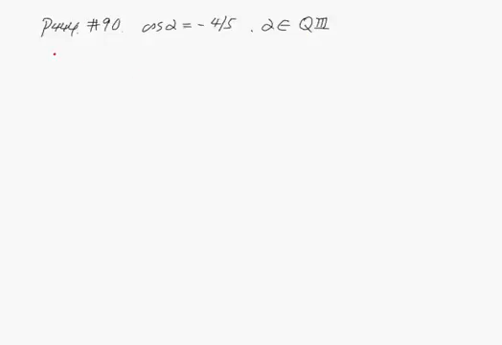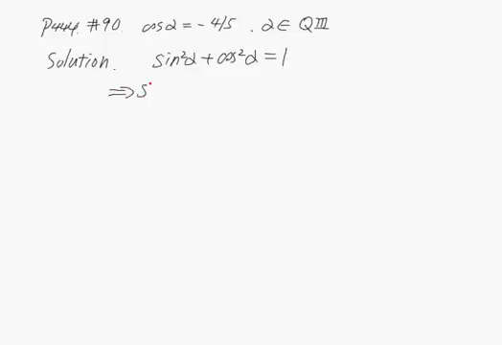So now we need to find sine of alpha. First, we begin with the fundamental identity. We have sine squared alpha plus cosine squared alpha equals 1. And then we move this cosine squared alpha to the right side.